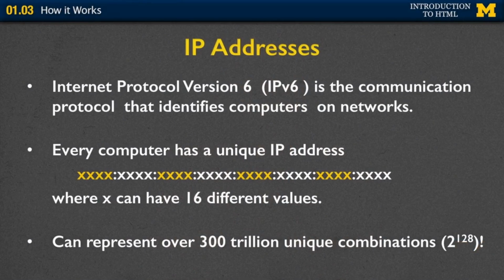And their job is to go in and decide which types of organizations qualify for different domains. I've included a link here if you want to go and see what the different types are. But the important thing to know is that your domain name is actually mapped to an address.